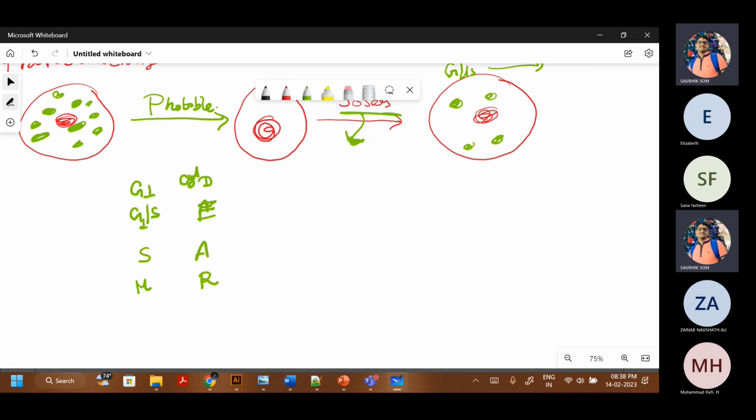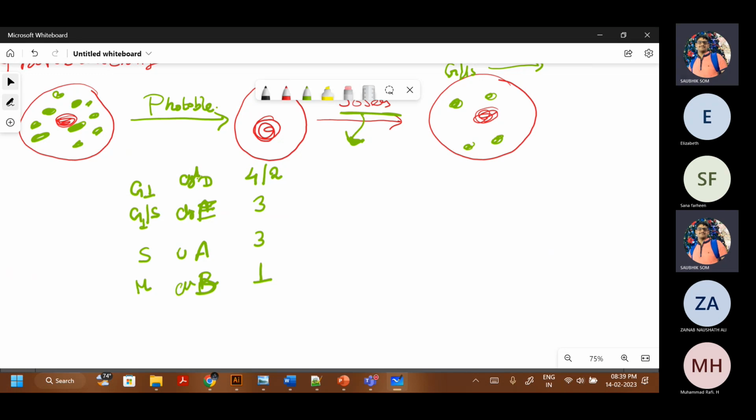So cyclin D for the G1 phase, cyclin E for G1/S, cyclin A, and cyclin B. And on this side, the CDKs, cyclin dependent kinases, 4, 6, 2, 1, something like that. I forgot exactly. That's how the cyclins work.